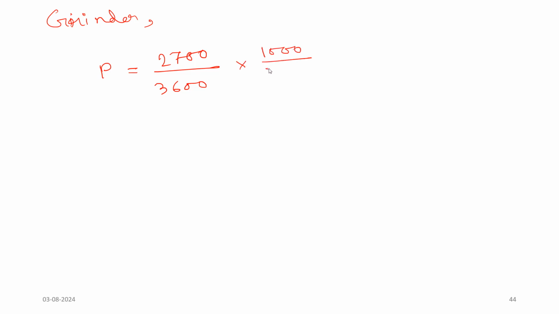So in the grinder also, the power required will be, M is 2700 by 3600. The Rittinger's number is 1000 by 77.4 and now the new area is 865 minus 103.